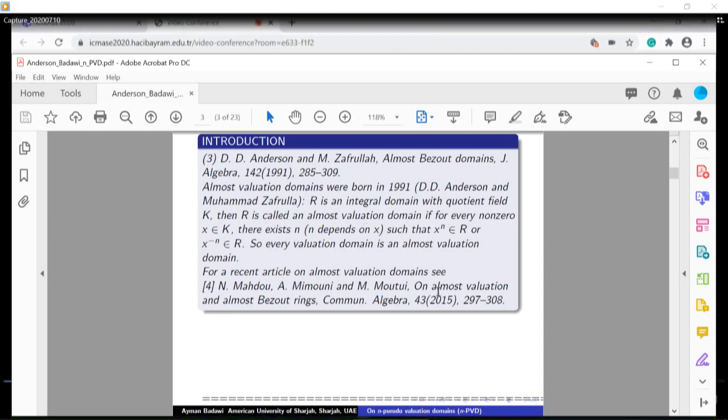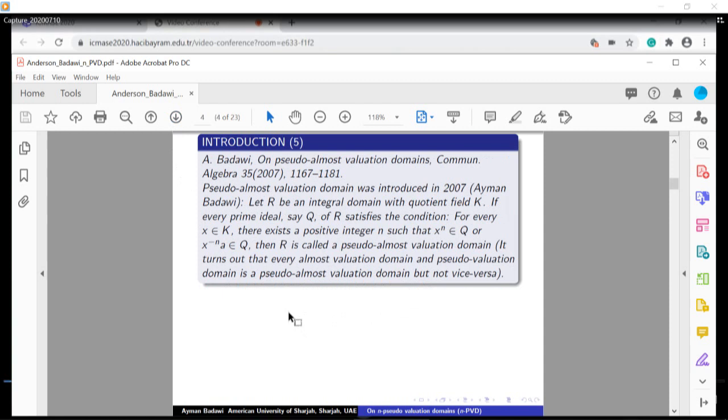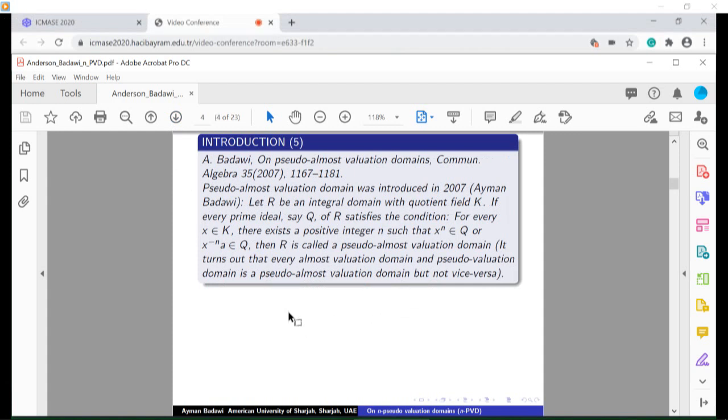For a recent paper, you can look at this paper on almost valuation and almost Bezout domains by Mahdou, Mimouni and others in 2015. Let me bring you back just 1 minute. Remember that pseudo valuation domains are a generalization of valuation domains.